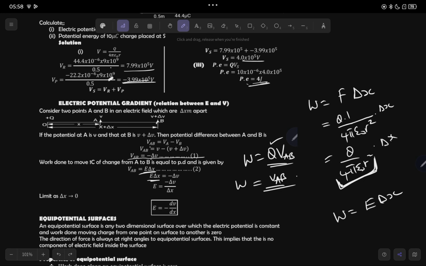The work done moving 1 coulomb charge between those two points is the potential difference. So when we equate the two, we get the electric field intensity as delta V over delta X. Delta V over delta X is what we call the potential gradient, and it has a negative sign showing that work is done on the charged particle by the field.